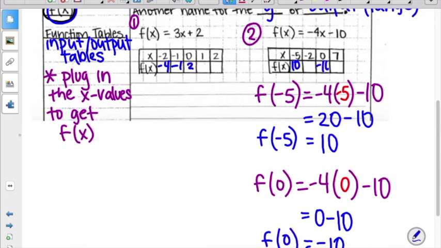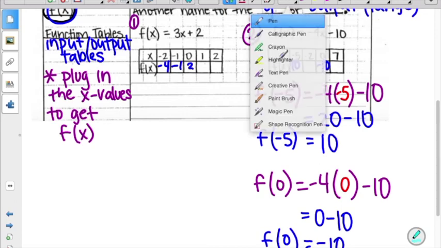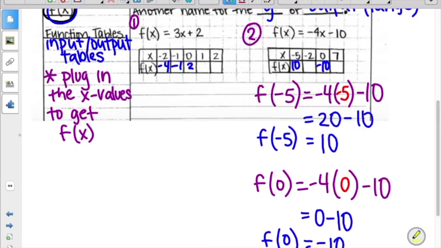Okay, what we've done here is we've started to create these function tables. These are ordered pairs. Don't forget, you can pull ordered pairs from a table. So for our first example, that was our function. Our first ordered pair that we got was -2, -4.